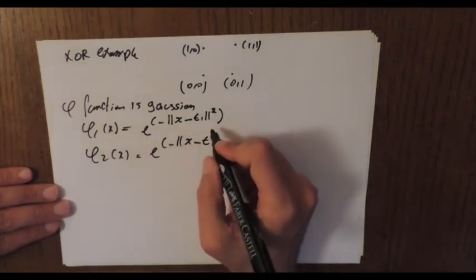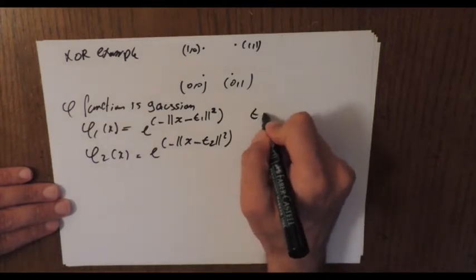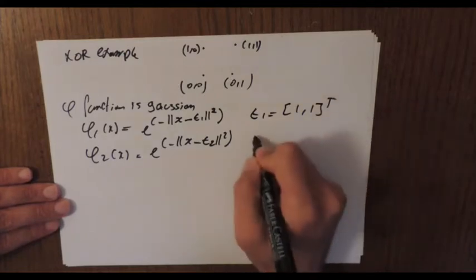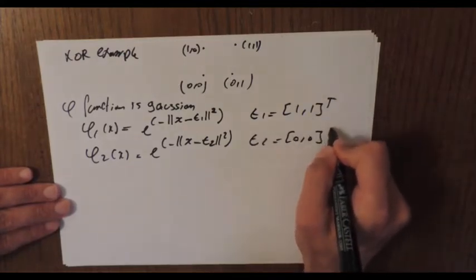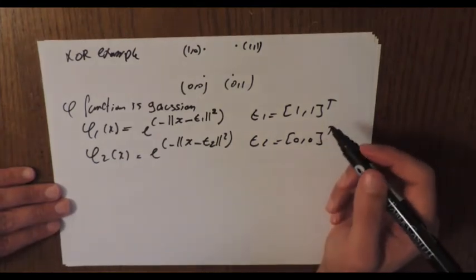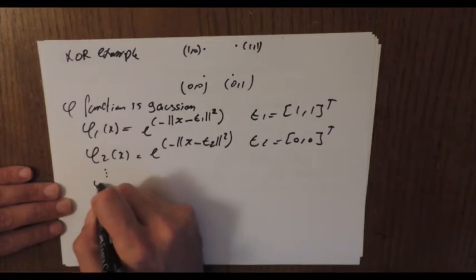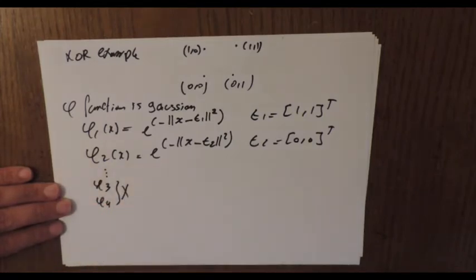Those two dashes denote the Euclidean norm. Here t1, the desired value, equals 1, 1, and t2 equals 0, 0. We chose those two because we want to draw it on a 2D space. Of course, in real life we would have phi 3 and phi 4, but we're not going to use them in this example.